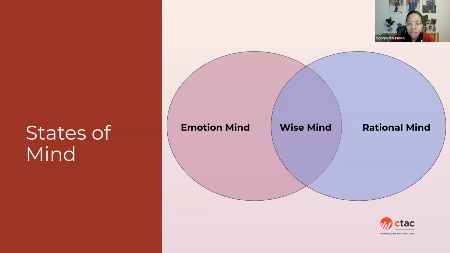So the other area that we wanted to consider is, as we had talked about, these states of mind. Marsha had recognized that many times patients operate from a place of emotion mind, that their responses are usually in response to the stress when they're very heightened. And a lot of these behaviors are focusing on relieving that distress. And a lot of the information there comes from the emotions. And there's wisdom in this because emotions do provide us with information.